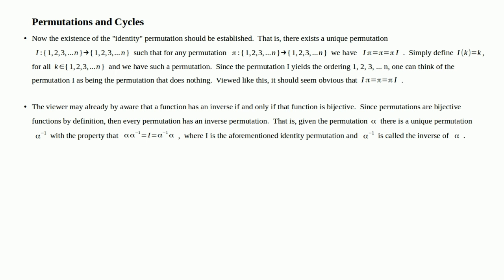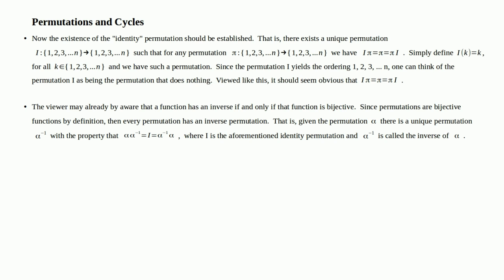Moving on. The viewer may already be aware that a function has an inverse if and only if that function is bijective. Since permutations are bijective functions by definition, every permutation has an inverse permutation.